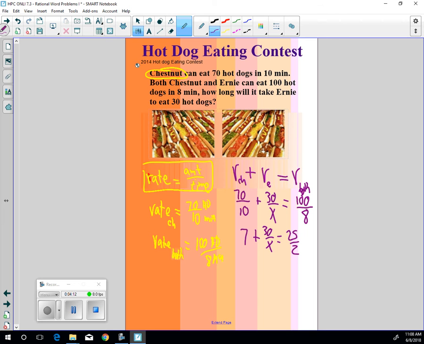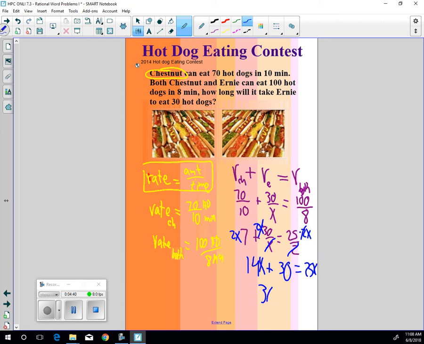So then what I would do is multiply everything by 2x, both sides. And these two will cancel. These two will cancel. You'll get 14x plus 30 is equal to 25x.